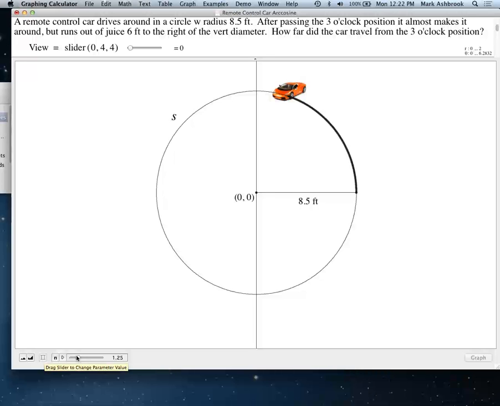So now the car is 4 feet to the right. So now this is 4 feet to the right of the horizontal diameter.